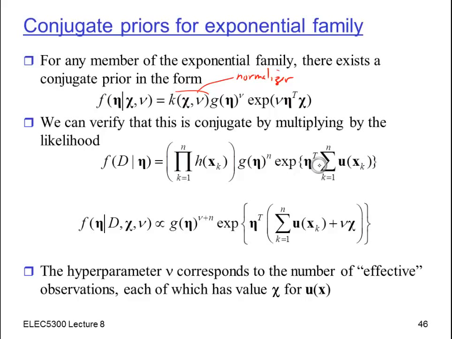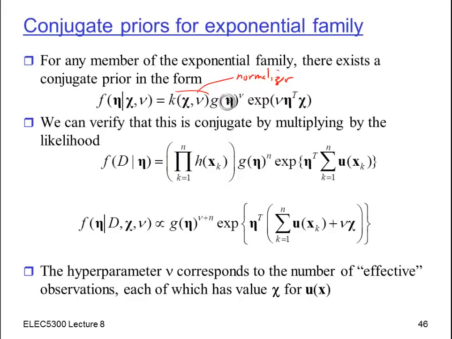And so when I multiply this times this, you can see that I just get a normalizer over here and a normalizer over here. These things really don't come into play, and so really the important action takes place with the eta.